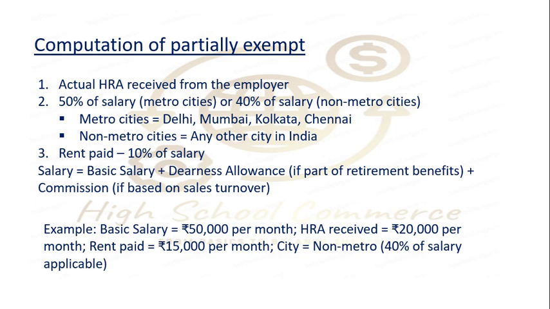That means 40% of his salary is the applicable limit, that is condition number 2 here. We have to consider 40% since the house rent has been given in a non-metropolitan city. So how do we need to present it in our exam copy?